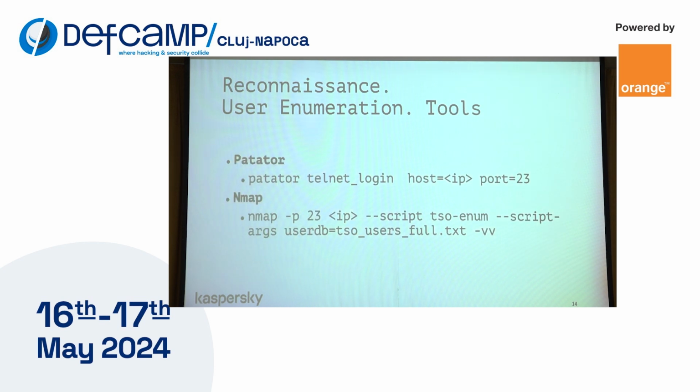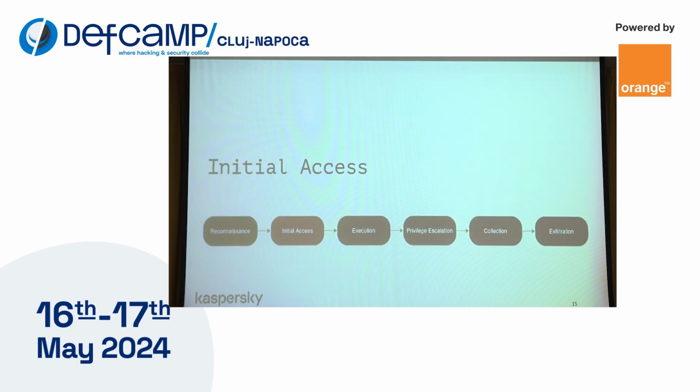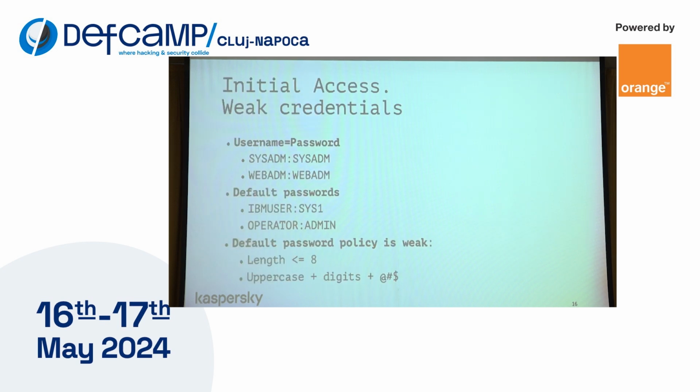Such a technique is well known. You may use tools like Potato or Nmap scripts to perform user enumeration. And sometimes knowledge of a valid username may be enough to get initial access. If you have a specific username, you may try some chains like username equals password.